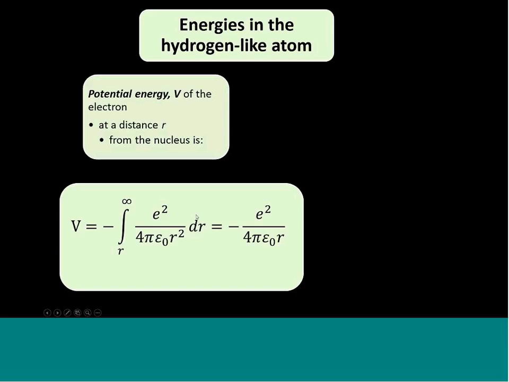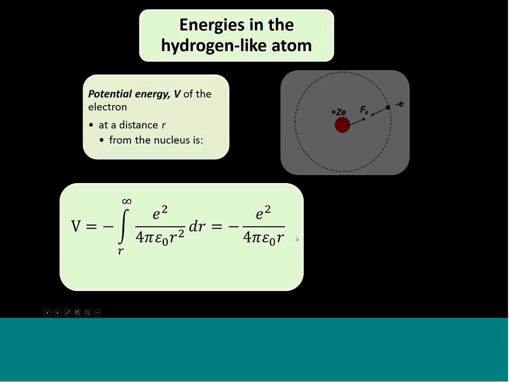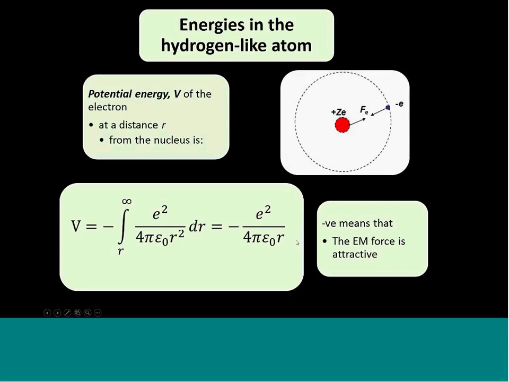Nilai ni buat negatif E kuasa 2 per dengan pi E0 R. Okay. So yang ni cuma berkurang dengan nilai R. So yang ni R kuasa 2 dia R saja. That means that the electromagnetic force is attractive.